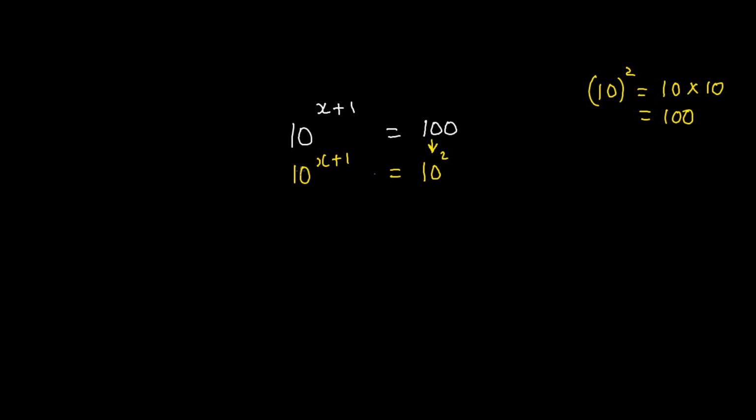And now since the bases are the same, I can equate the exponents. So it implies that x plus 1 is equal to 2, and I can solve this equation as I would any linear equation. It's x is equal to 2 minus 1, therefore x is equal to 1, and that is my final answer. So that is how I solve an exponential equation.